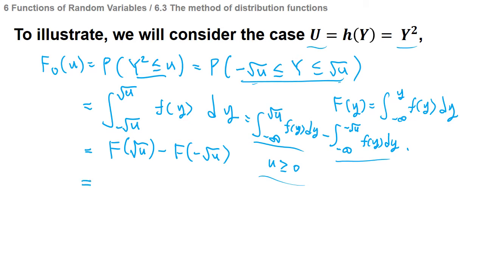Okay, so to calculate f(u), you differentiate this with respect to u.